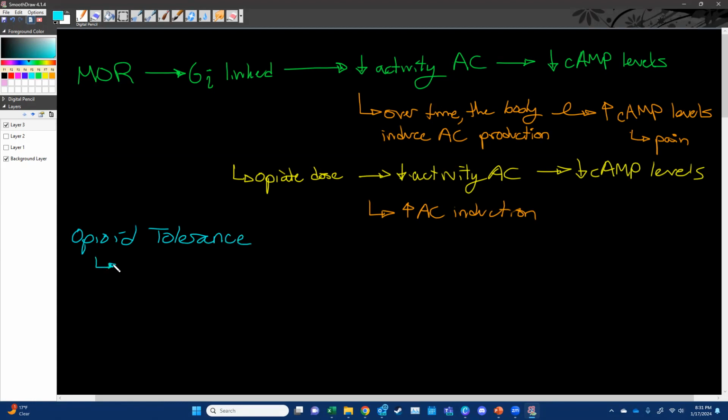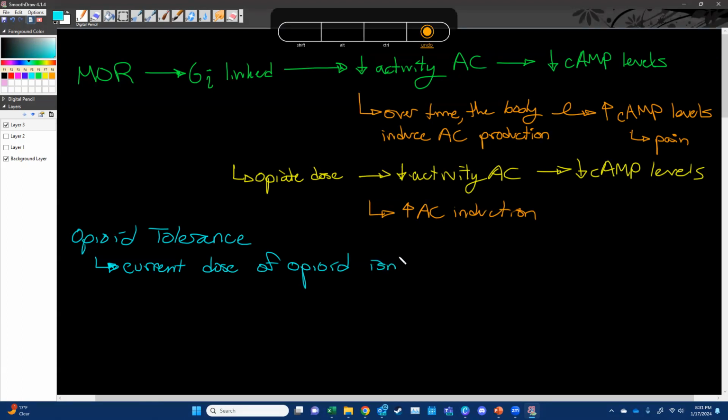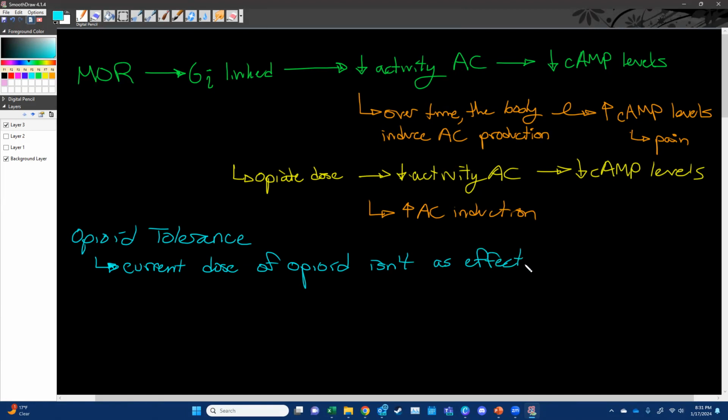So tolerance is when the current dose of opioid isn't as effective as before. The question becomes why?